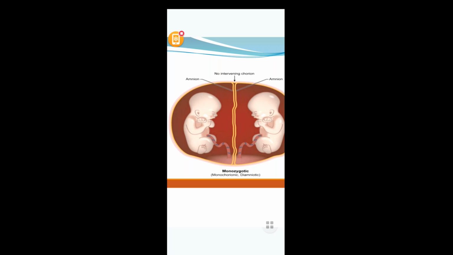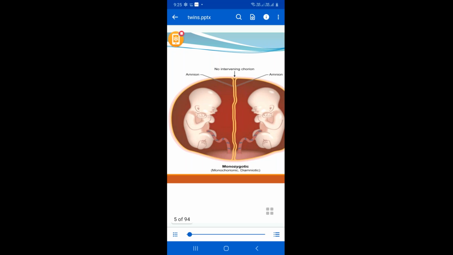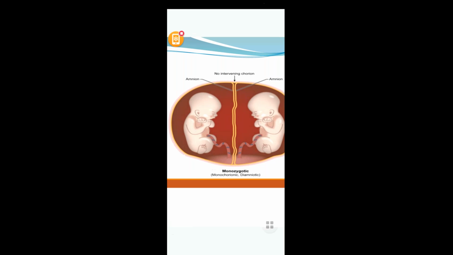It means that they have separate sacs. These embryos are formed between 3 to 5 days, when the chorion, the placenta, is already formed, after which they have divided. So the placenta remains 1, and the amniotic sacs remain 2. That is monochorionic diamniotic.